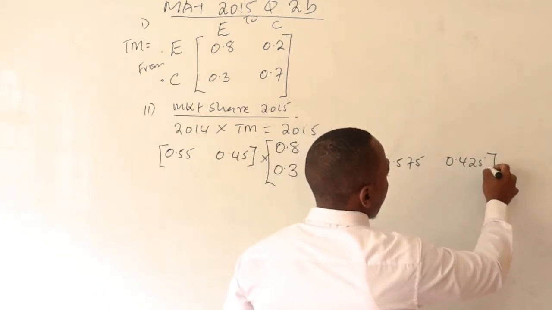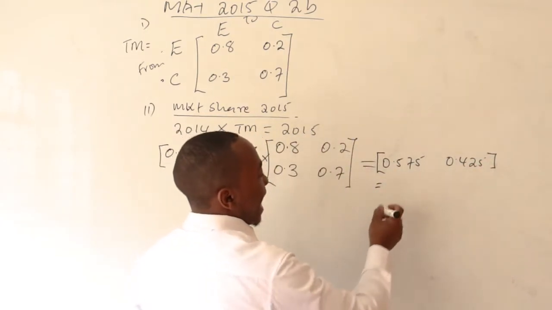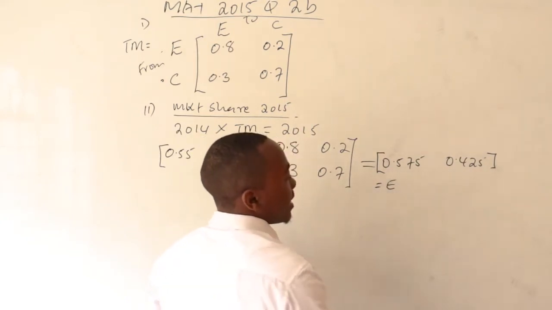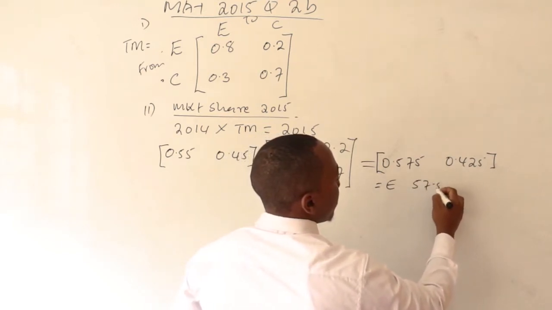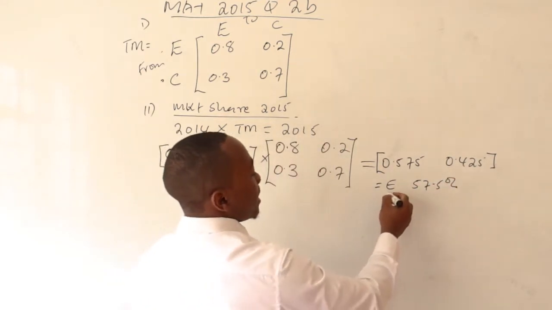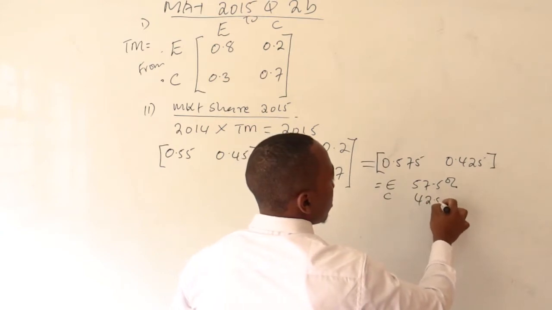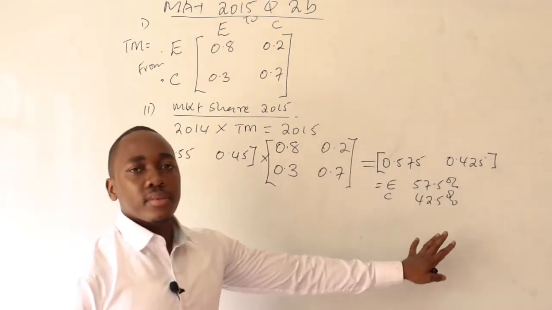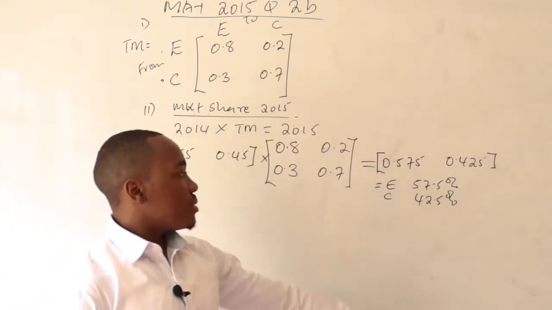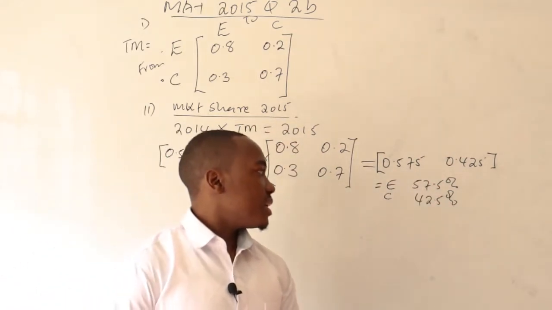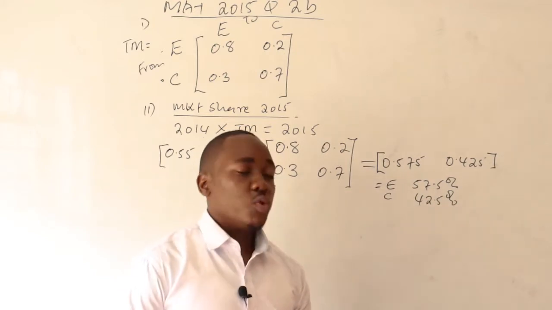That means in 2015, Excellent Computer Limited will have a market share of 57.5% and the competitor will control 42.5%. That's what was required.